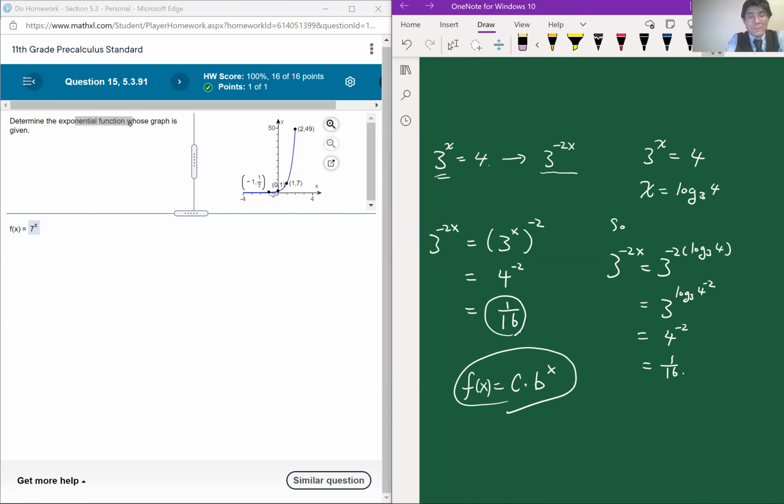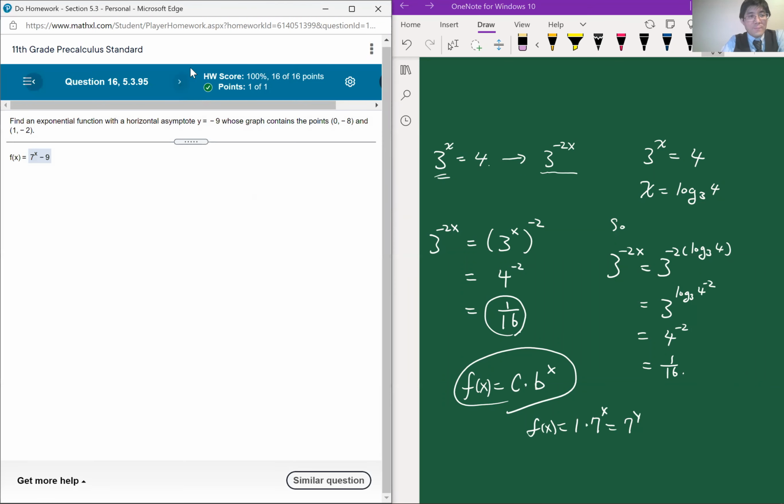Since for the two adjacent points here, when x is increased by 1, from 1 to 2, the y value is multiplied by 7, you know the base should be 7. So f of x is equal to 7 to the power of x times something. However, when x is equal to 1, y is 7, so that something should be 1. So it's just 7 to the power of x.